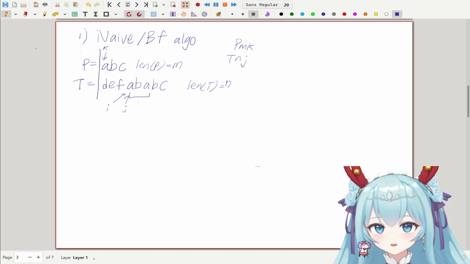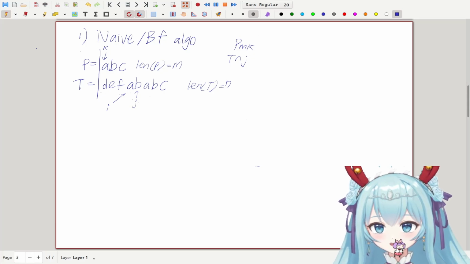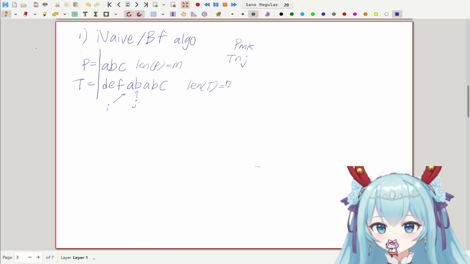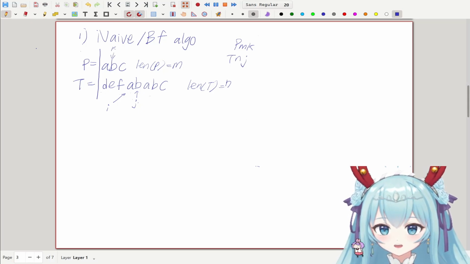This allows us to increase J by 1. So now J is over here. And at the same time, when we increase J, we also increase K by 1. So now we compare K and J, and they both point to the same character.